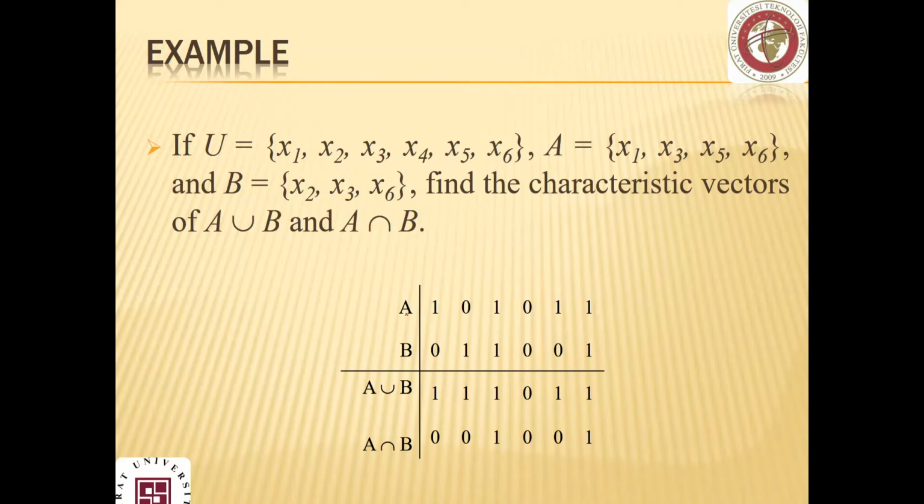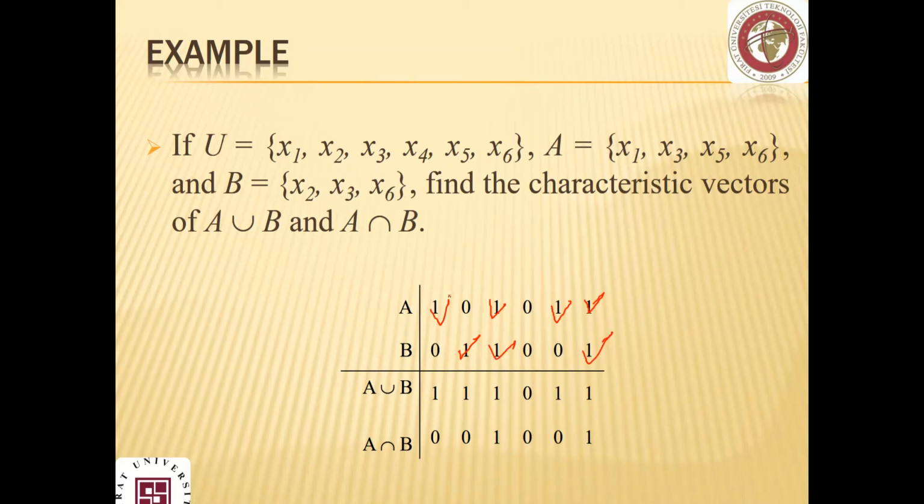Now look at this. The union of 1 and 0 is 1, and these two are also 1. One of them being 1 is enough. Here two zeros, that's 0. Here 1, so 1. Here we also have two 1s, one of them is enough, so we have 1.